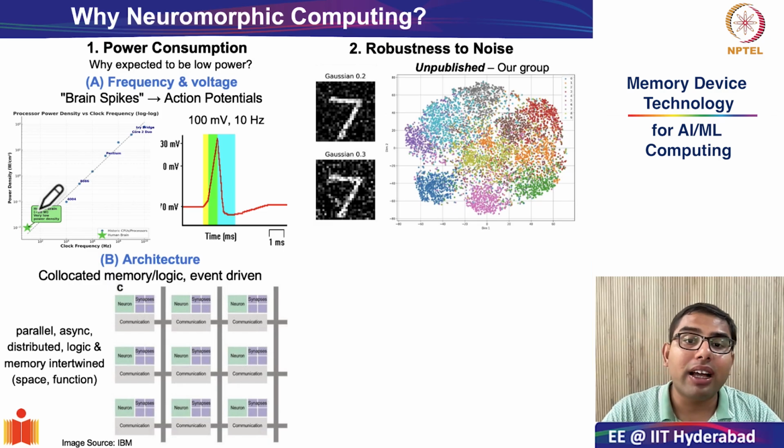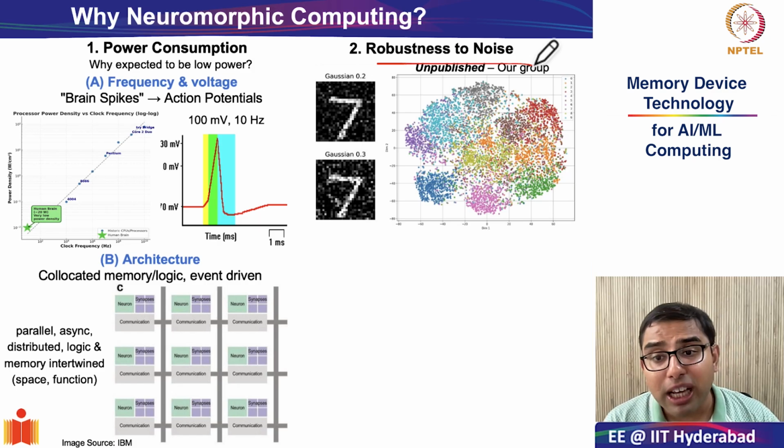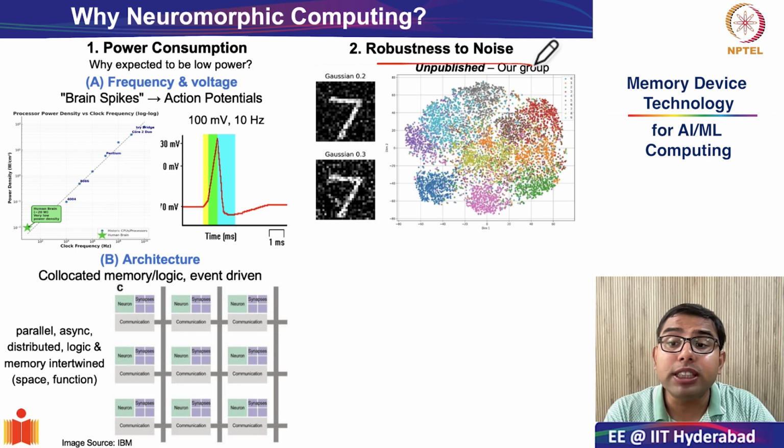The first, as I have shown, is the robustness to noise. Biological systems like the brain operate in really noisy environments, with neurons which are misfiring, synapses which are unreliable, and even external sensory input and its encoding sometimes not very perfect. Yet, the brain continues to function quite smoothly and reliably.